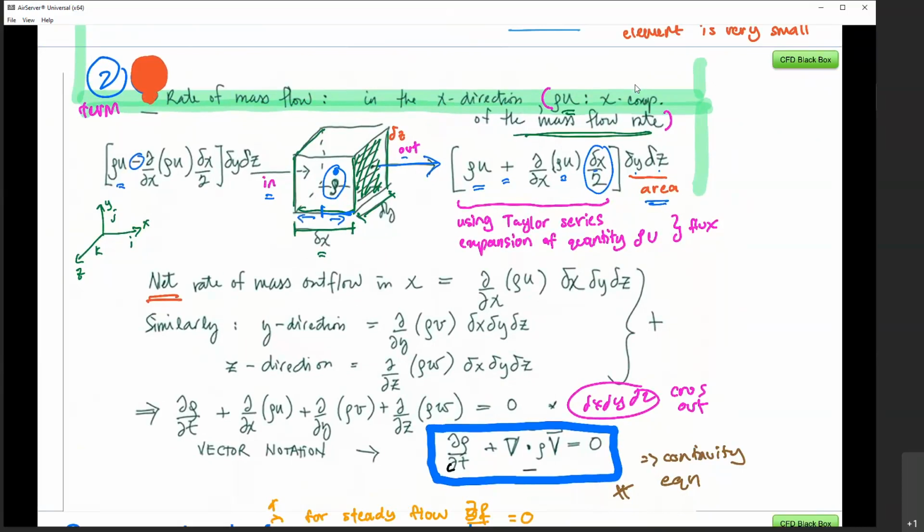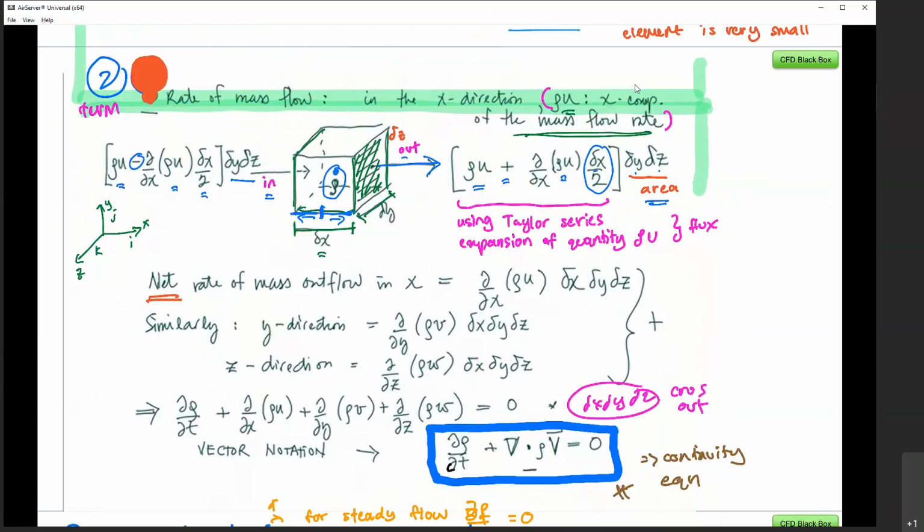We assume that the density is positioned in the middle of the element. Since this is to the left of the density position, we have minus d over dx of rho u multiplied by dx over 2. Remember, the position here is half of the dx element, and we multiply again by dy dz for our area.